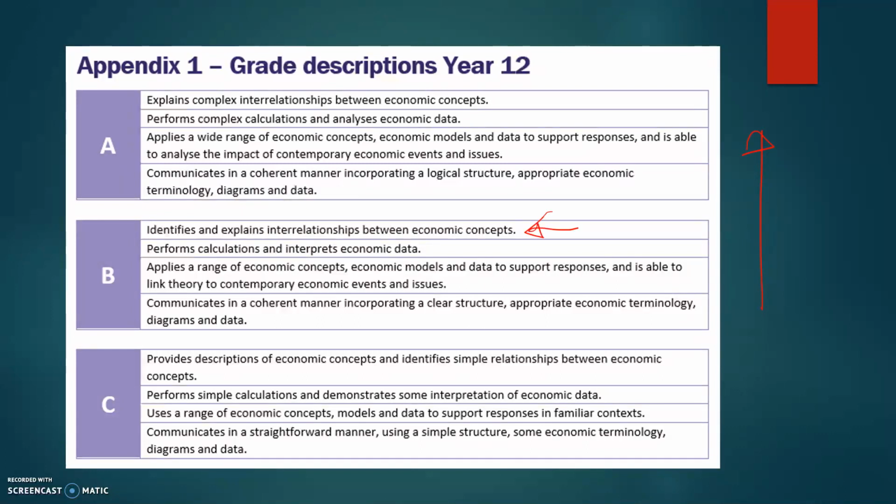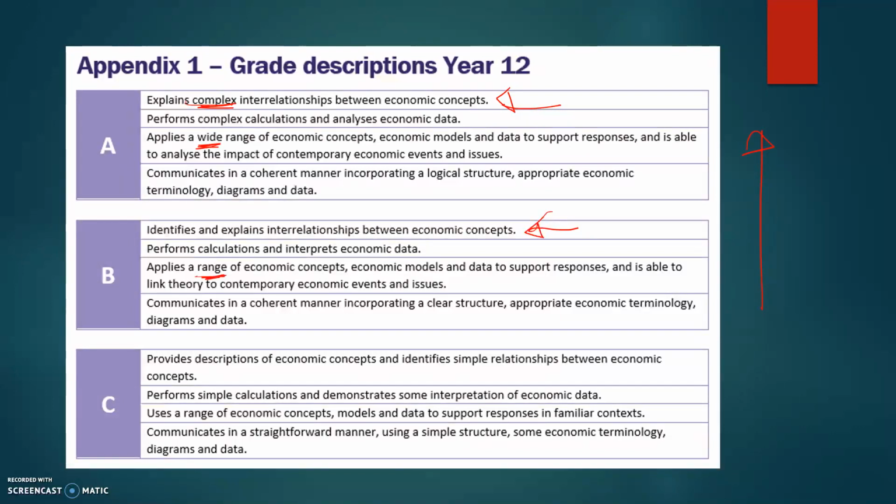So it identifies and explains interrelationships between economic concepts, and for A grade, it explains complex interrelationships. So complex is a new word between economic concepts. And there's also a bit of emphasis on applying a wide range of economic concepts rather than applying simply a range.